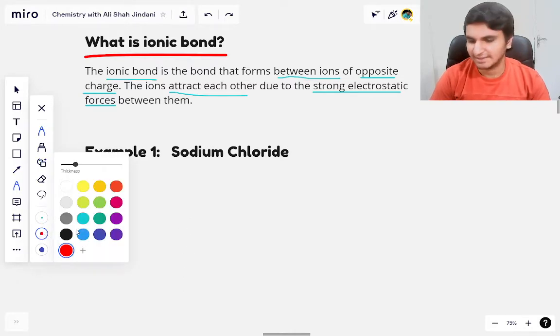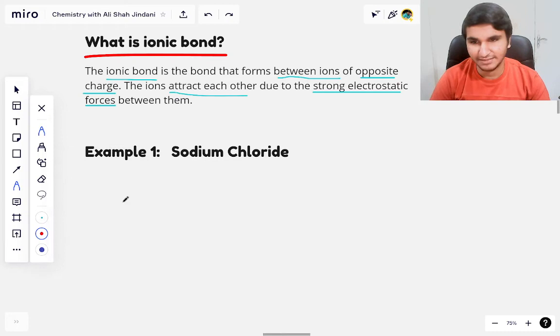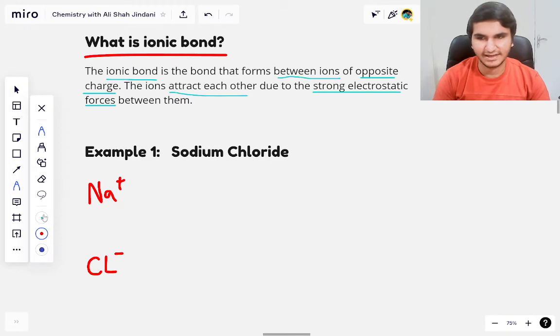So the first example that we are going to discuss will be about sodium chloride. So we have a sodium ion, we have a chloride ion. We already know that sodium is positively charged, chloride ion is negatively charged. And yeah, I just made this L capital. I'm going to make it a small one because obviously the symbols are these.